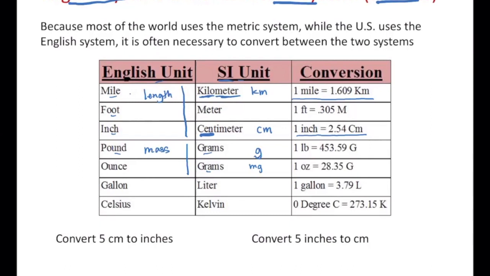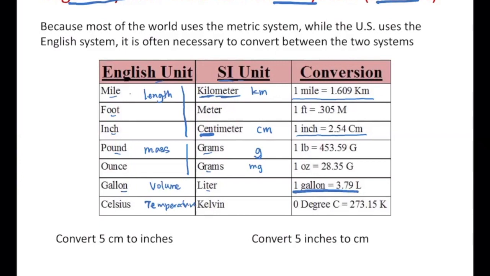Okay, and then this is gallons or liters for measuring volume. And this is equivalent: 1 gallon equals 3.79 liters. Celsius and Kelvin are measurements of temperature. Those are temperature scales. We have degrees Celsius, degrees Fahrenheit, and degrees Kelvin.